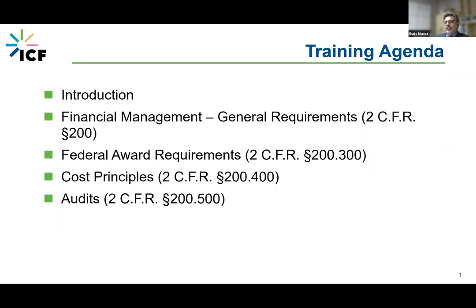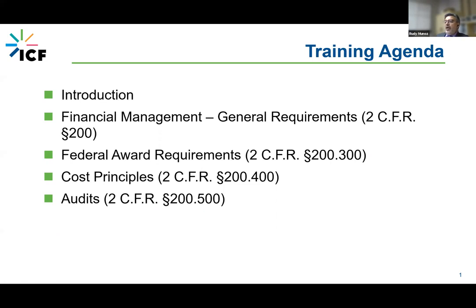In today's session, we will provide you with a brief introduction of financial management, which will be followed by a general review of 2 CFR Part 200. Then we'll focus in on the 3 main subparts that are contained within 2 CFR Part 200, starting with federal award requirements, which are found in subpart D or subsection 300.